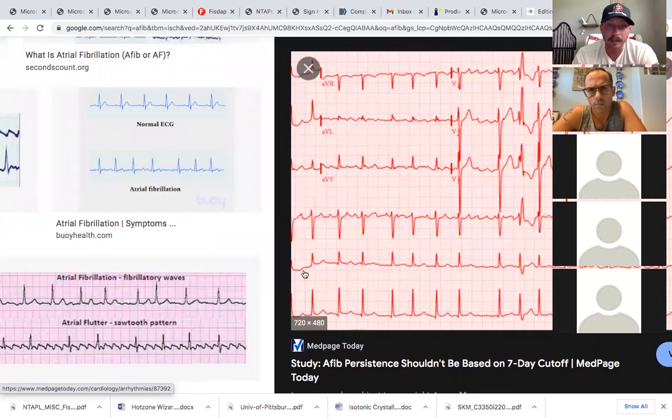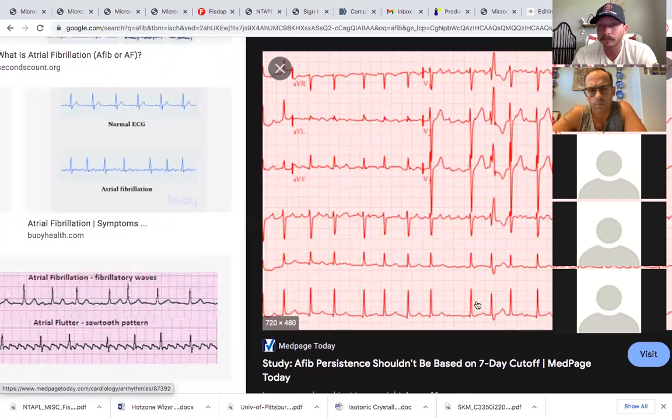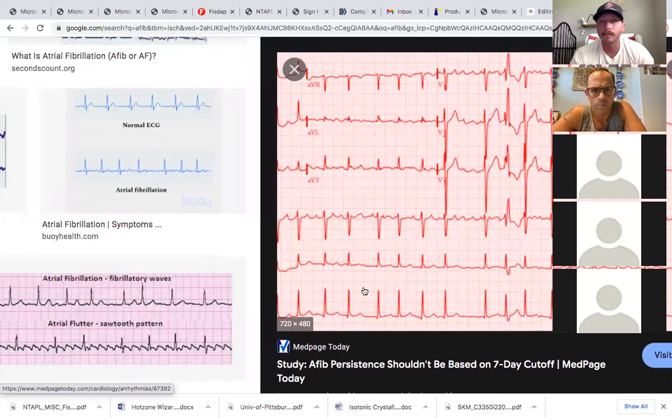Well, it goes back over here, but it's about 130 beats per minute. So AFib RDR. Irregular.